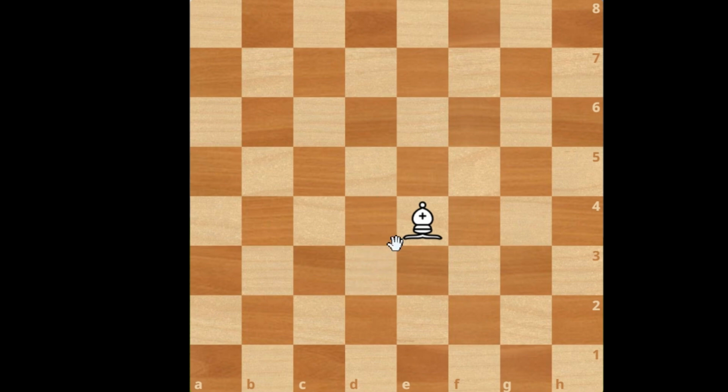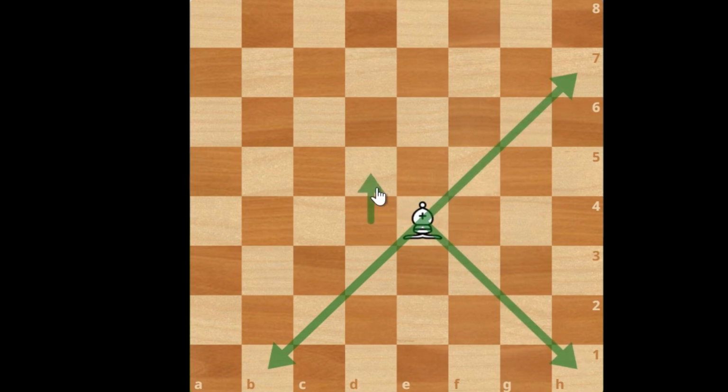So, a bishop moves in these directions. Like this. And let's clear the board and show you simply what we have to do. So, a bishop can move here in these three squares, in these three squares, in these squares, and also in these squares.